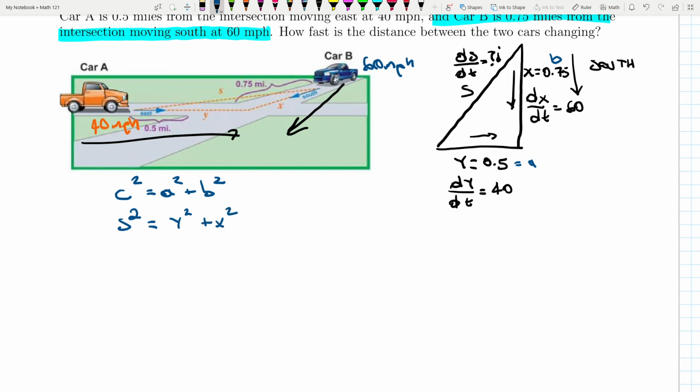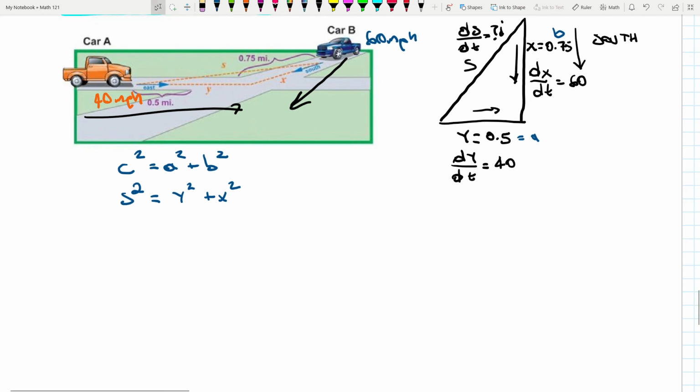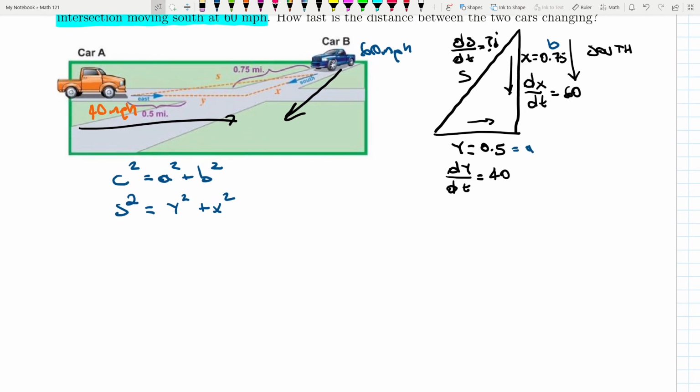Okay, so let's go ahead and do the calculus for this mathematical model, the Pythagorean theorem. Again, let's recall that x and y change, and so does the hypotenuse. All the lengths of the triangle change.